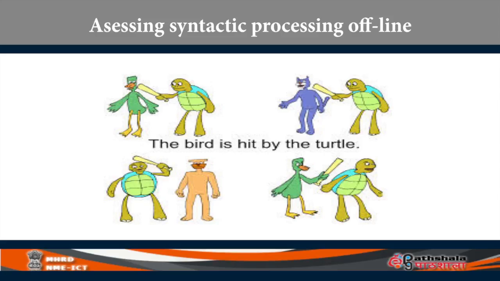But if it is made online, you can also monitor the time taken to respond. If you are able to get to the meaning quickly and identify quickly the correct picture which matches the sentence you heard, it means your syntactic processing is intact.